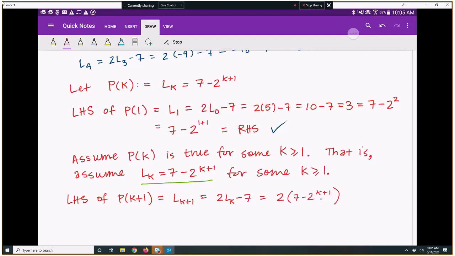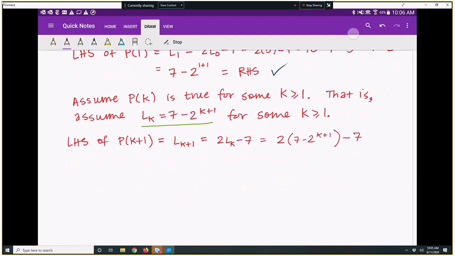So it's 2 times 7 minus 2 to the k plus 1, minus 7. Now I'll just distribute. 2 times 7 is 14. 2 times minus 2 to the k plus 1 is minus 2 times 2 to the k plus 1, and minus 7.